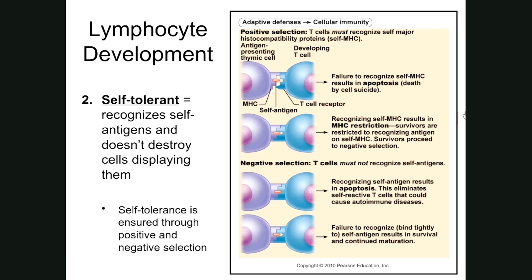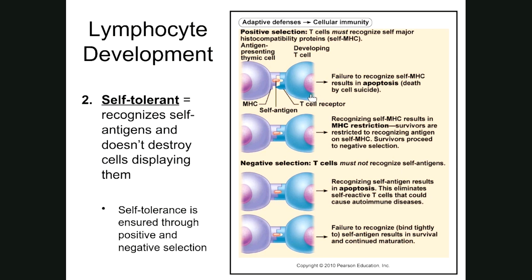So in this first step of positive selection, if the cell isn't able to recognize the class 1 MHC, where again, self-antigens are displayed, this cell is going to go through apoptosis, which basically means this cell is going to die. We can't release it into the body. It's too dangerous because it cannot determine where self-antigens are displayed.